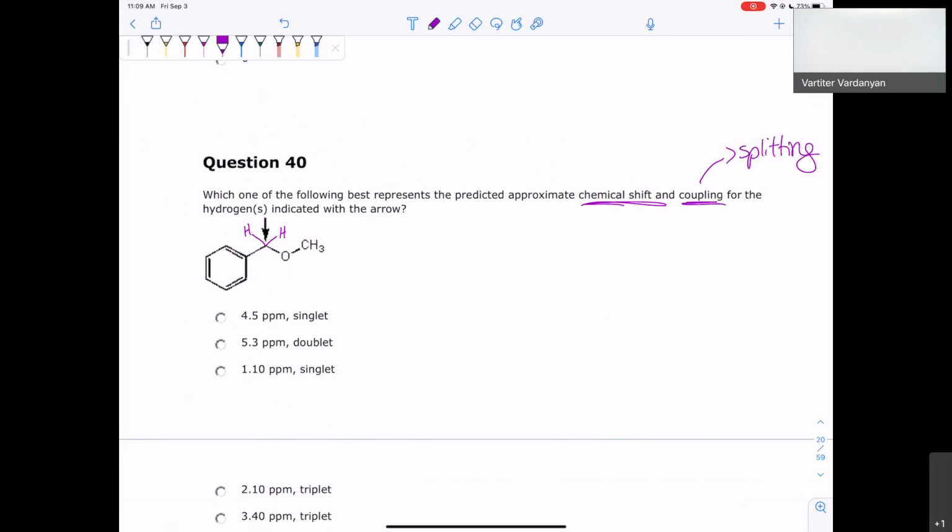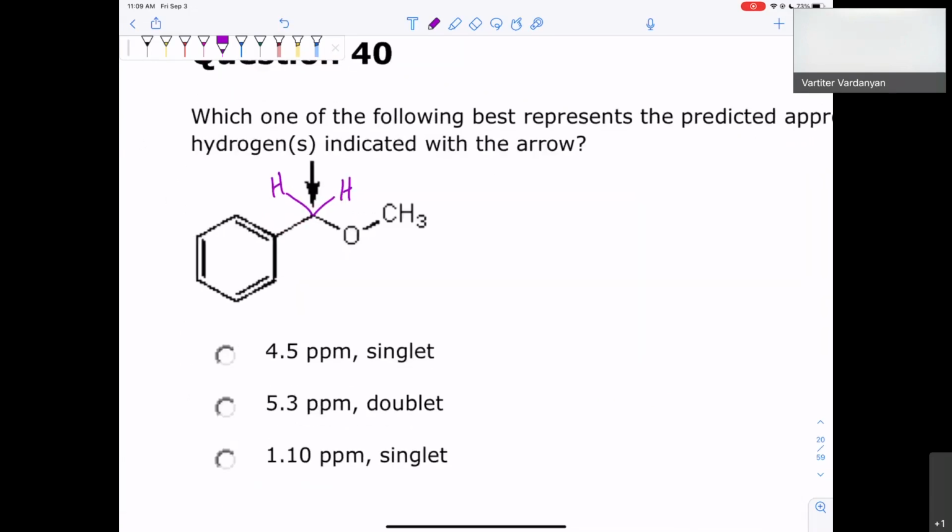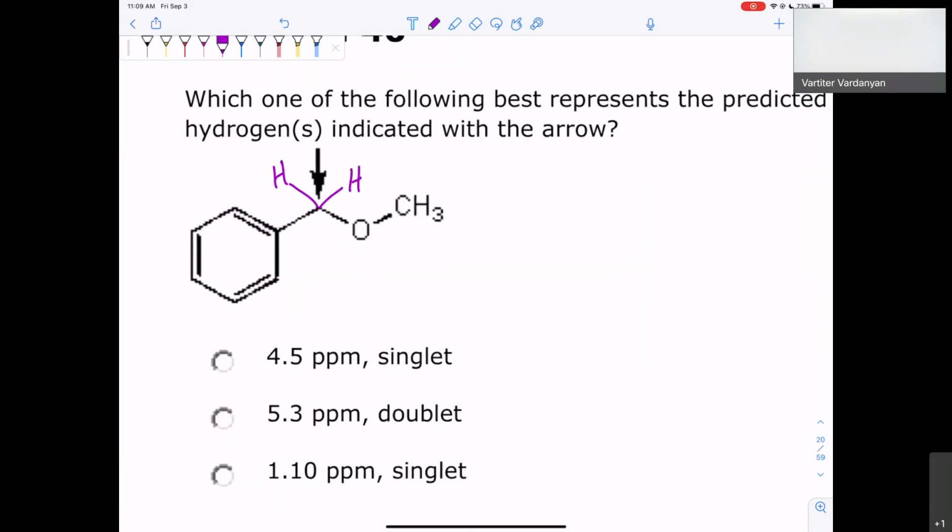And what does chemical shift tell us? How shielded versus how de-shielded. Awesome. So when we're talking about this example, the first thing I want you to tell me is what region it is going to be in. Well, even more general than that.